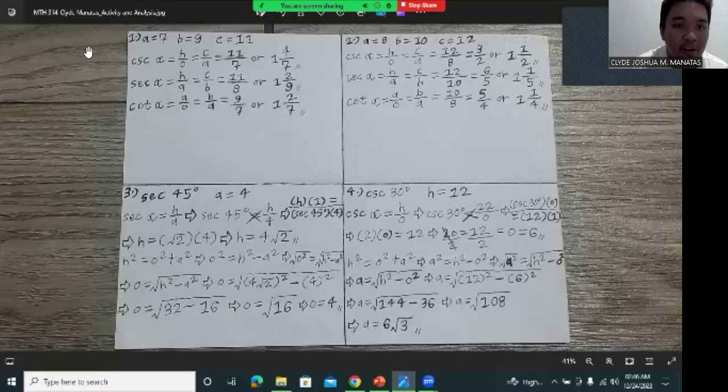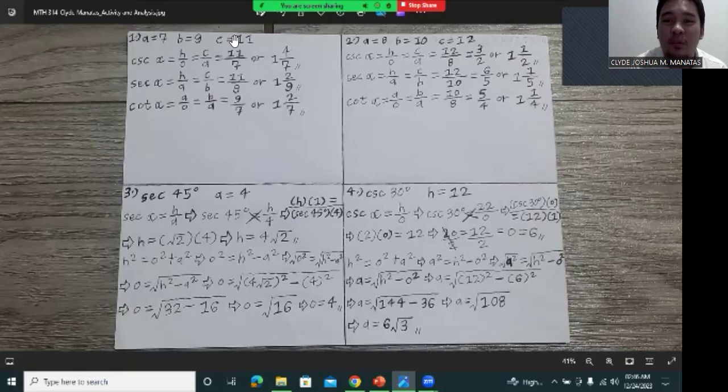Then secant alpha is equal to 11 over 9 or 1 2/9. Cotangent alpha is 9 over 7 or 1 2/7.